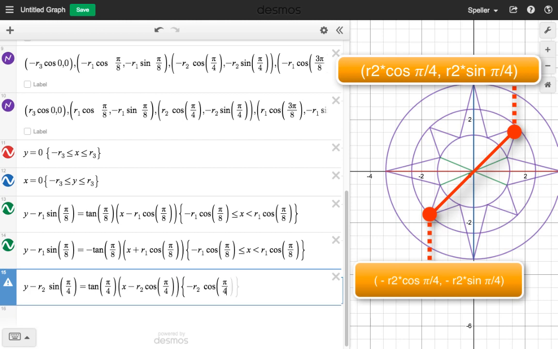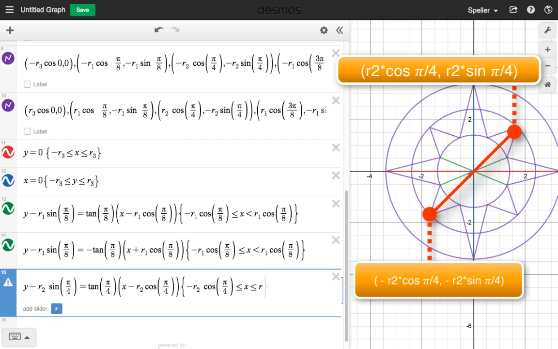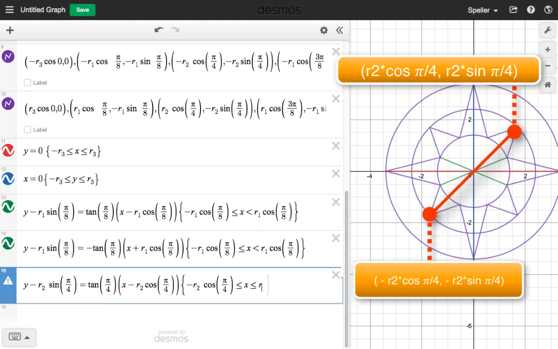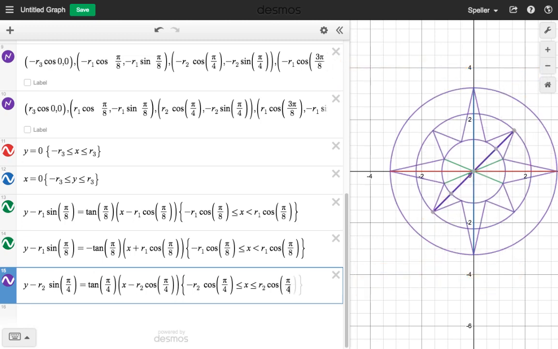And we want that to be less than or equal to the x value, less than or equal to positive r sub 2. Again, it's going to be cosine of pi divided by 4. And that limits the line there.